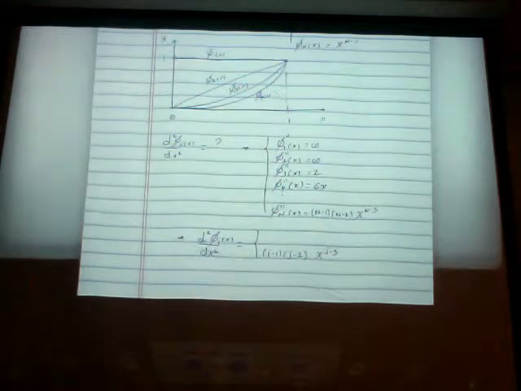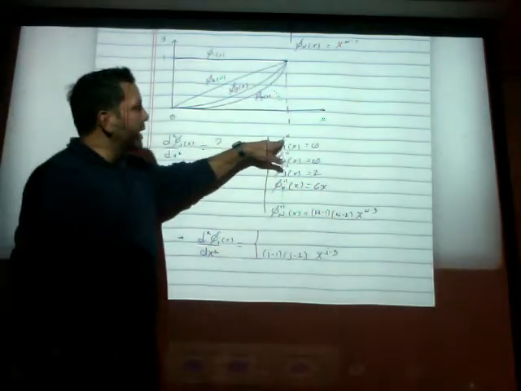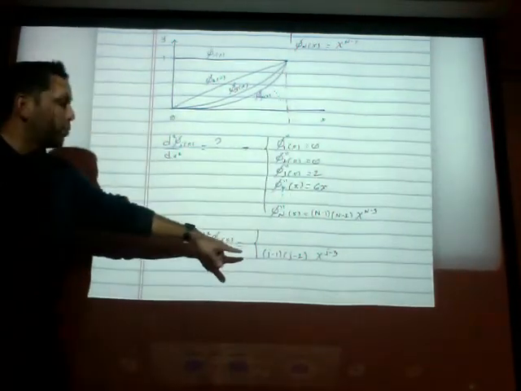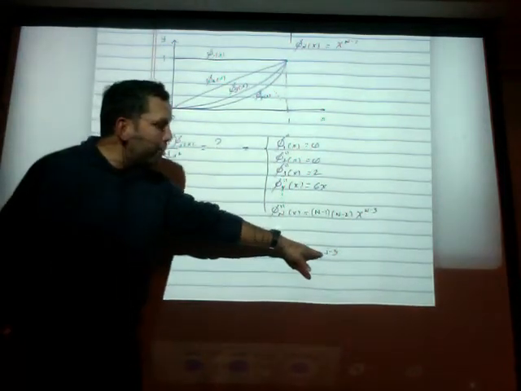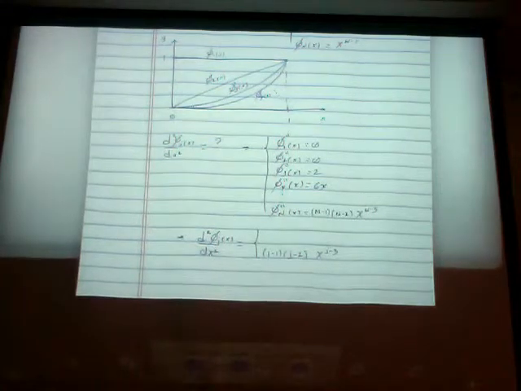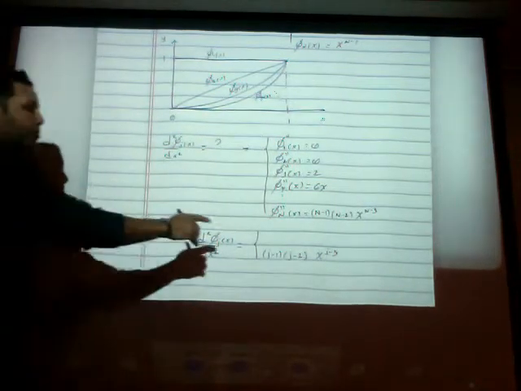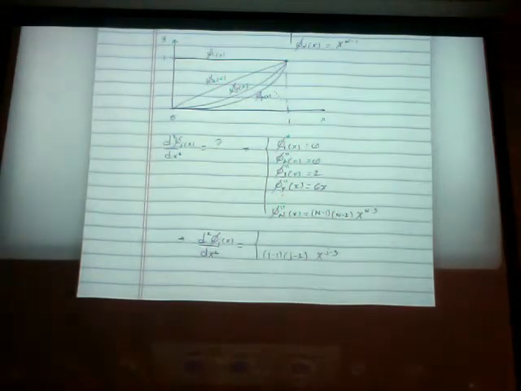But what if j is equal to 1, for example? If j is equal to 1, the second derivative should be 0. But if you look at this, if j is equal to 1, then you're going to have x to the power minus 2. So you're going to have a rational function there. So you have to be careful that for indices less than 2, the solution must be forced to be 0. Is that clear?